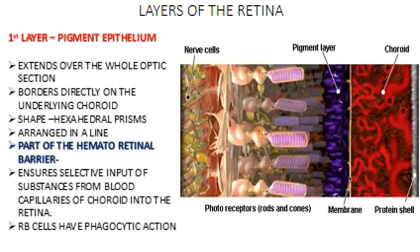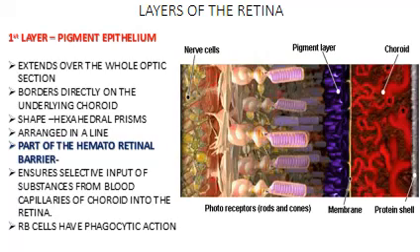Now let's look at the first layer, which is the pigment epithelium. This extends over the whole optic section. It borders directly on the underlying choroid.